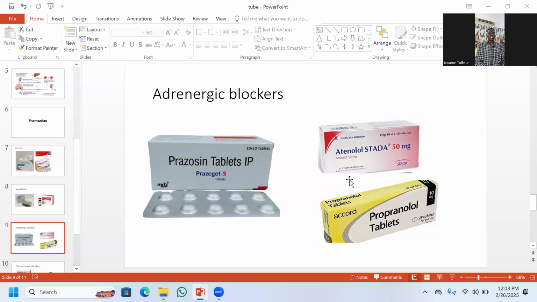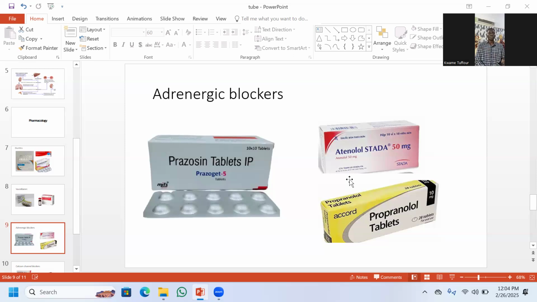So we have this drug, alpha adrenergic blockers or alpha adrenergic antagonists, which will block this alpha. And once we are able to block alpha, instead of it causing vasoconstriction, there will be vasodilatation, and therefore the peripheral resistance will drop. And we all know that once it does that, the BP will also drop.